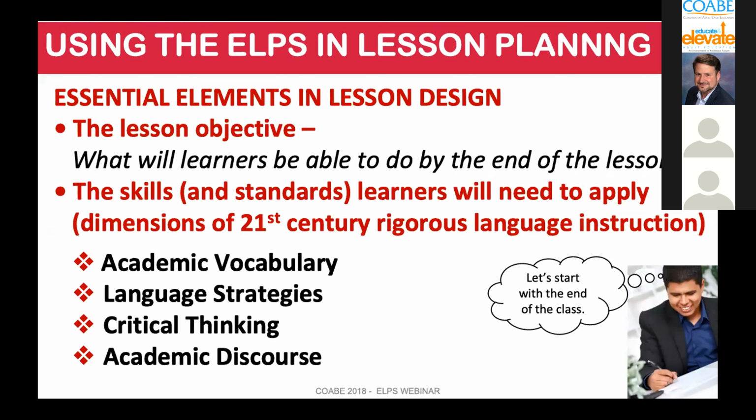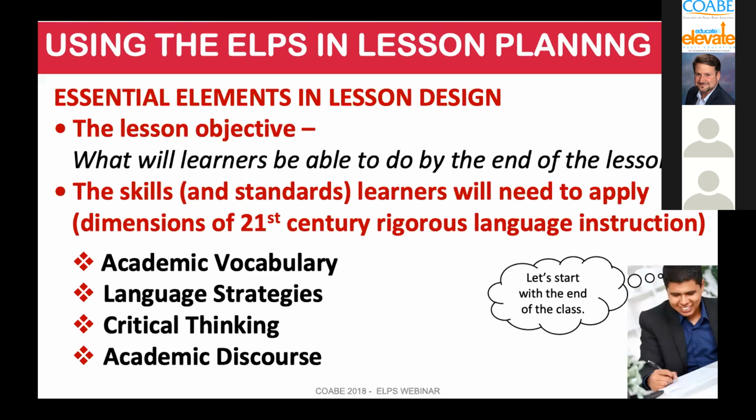Once we have the context and the communication task, we can determine what 21st century rigorous language instructional skills also need to be part of it, or the dimensions, I like to call them actually. So the dimension of academic vocabulary, the dimension of language strategies. What do good readers do? What do good writers do? What do speakers do to make sure that they're clear?